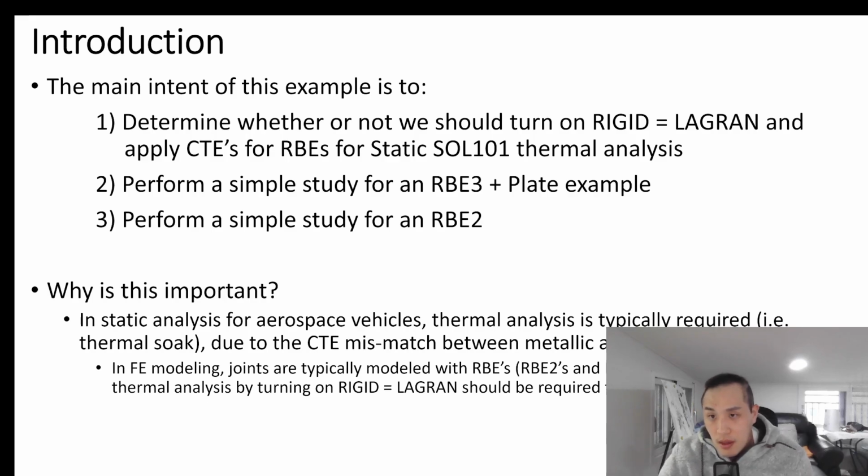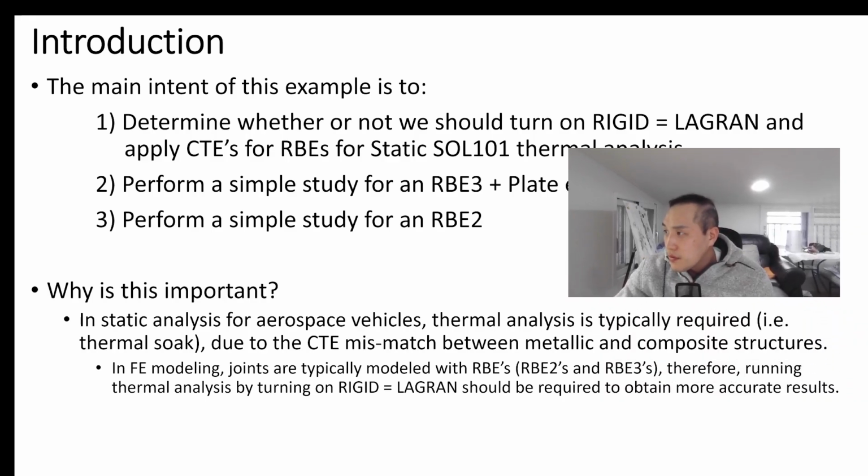And as you may be aware, in aerospace, we use a lot of composites. Composites are prevalent in aerospace, as well as aluminum, and the CTEs between the two are not the same. So whenever you have a design with composites and aluminum interfacing with one another, there is a CTE mismatch.